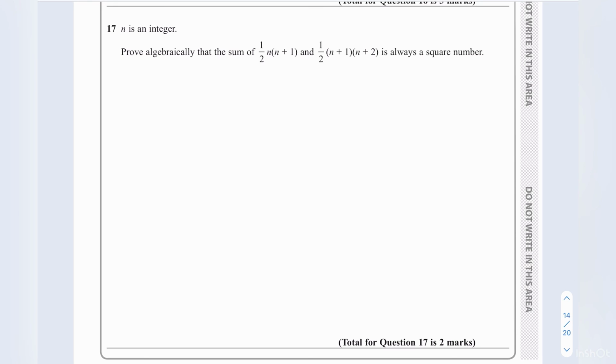Okay, question 17. It wants you to prove algebraically that the sum of these two things is always a square number. So we've got 1/2 n times n plus 1, add 1/2 n plus 1, n plus 2.